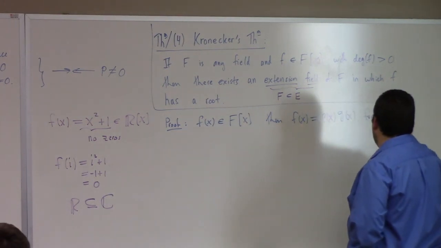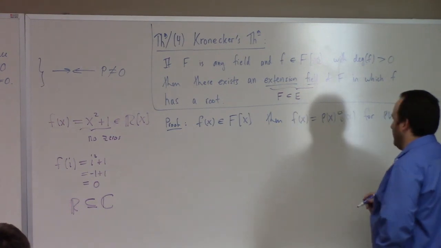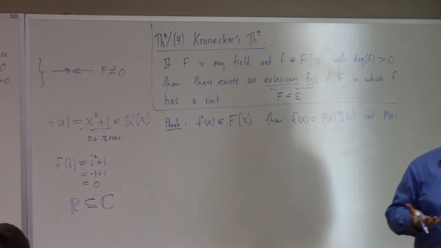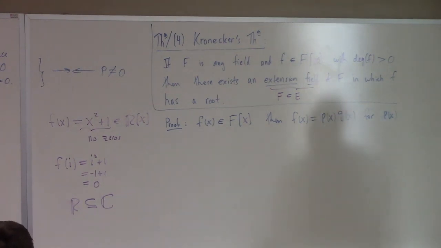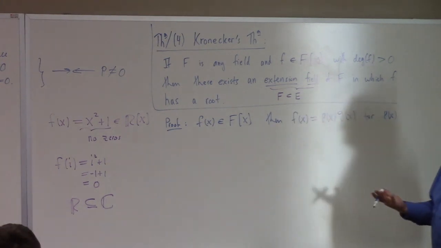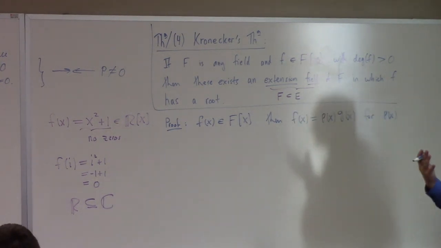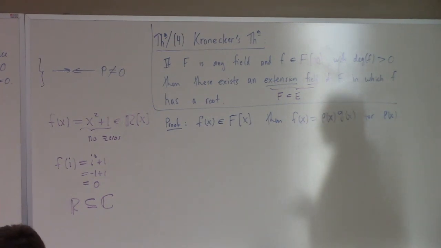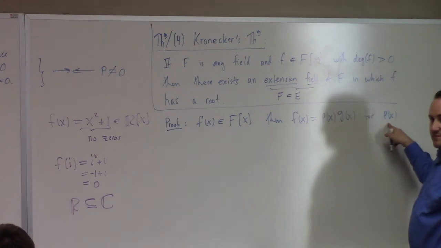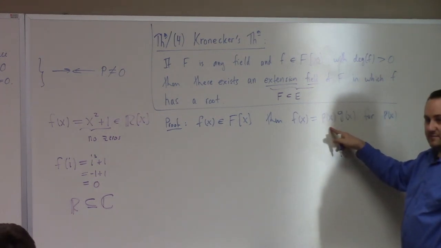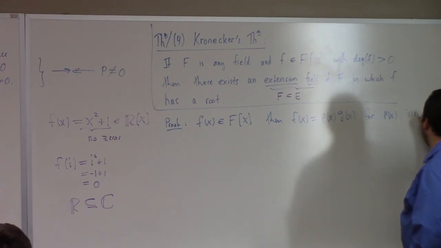For p of x, what? We have proved that polynomials over a field form a unique factorization domain. They're a PID and hence a UFD. So we know that every polynomial over a field has a factorization into irreducible polynomials. I'm using that it's got positive degree. So I know that there exists a p of x that's non-constant that's in the factorization of f. So p of x is irreducible.